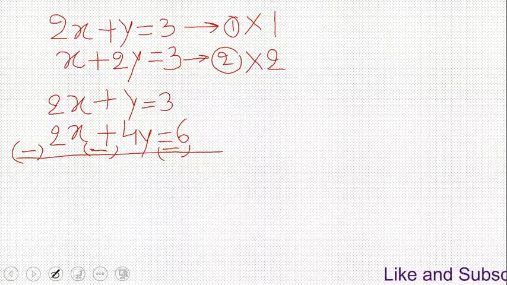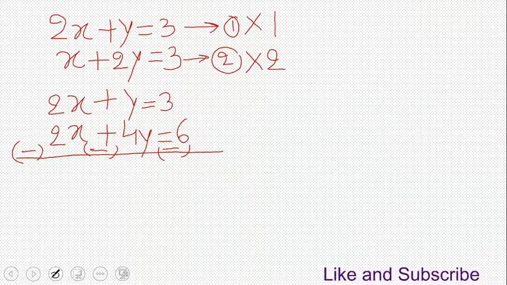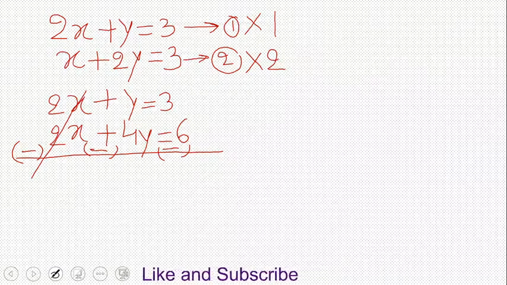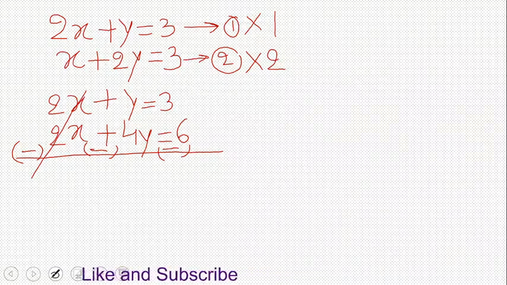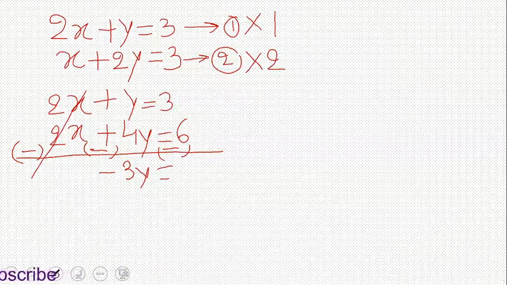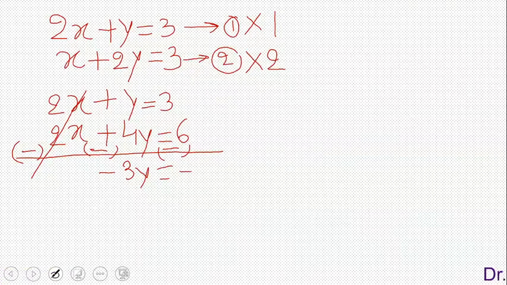Now we observe that plus 2x minus 2x have opposite signs, so they cancel one another. Further, plus y minus 4y gives minus 3y. Next, plus 3 minus 6, we get minus 3.